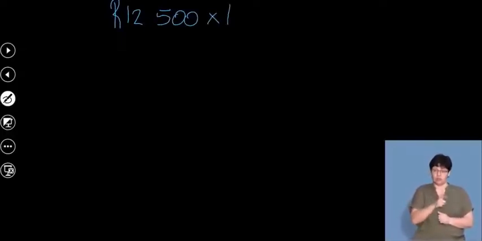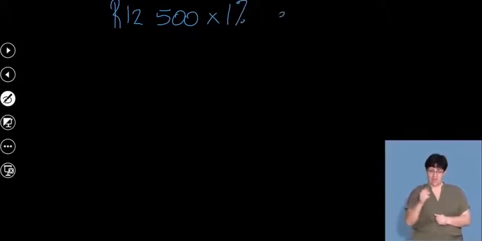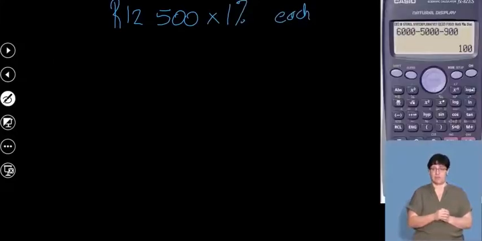His gross salary was 12,500. They told us that UIF was 1% each. So I'm first going to do that calculation. So on my calculator, I'm going to say my 12,500 times 1% is 125 Rand.